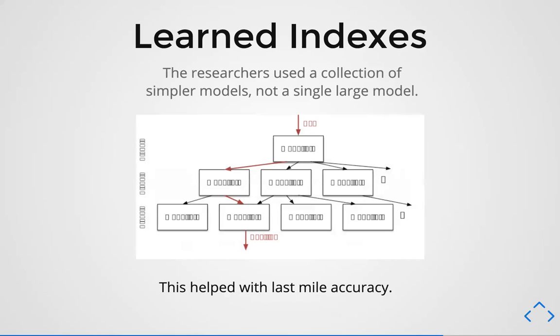So let's say you had a database table with 100,000 indexes. The first model of the second stage might be responsible for predicting between 0 and 10K. And then the second one would be responsible for predicting between 10K plus 1 and 11K. So they subdivide and spread the load of what the machine learning model should predict. So one machine learning model first says, oh, use one of these 100 or so other machine learning models to predict where the value in the actual database table was.